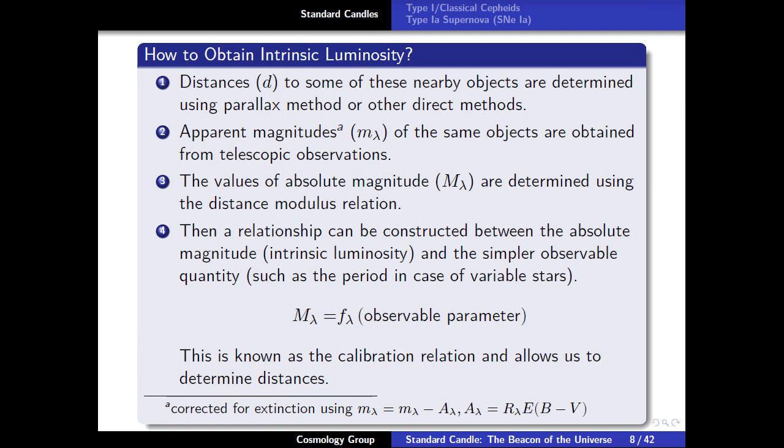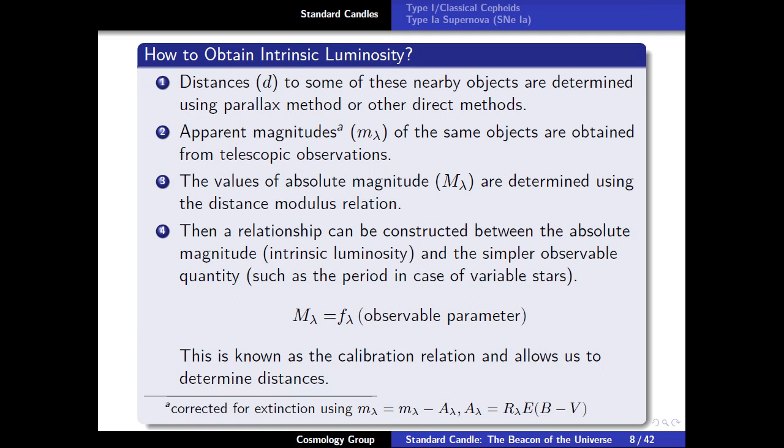Then a relationship can be constructed between the absolute magnitude or intrinsic luminosity and simpler observable quantities, such as the period in case of a variable star, that is, capital M lambda is a function of an observable parameter in a photometric band lambda. This relationship is known as a calibration relation, and it allows us to determine distances.